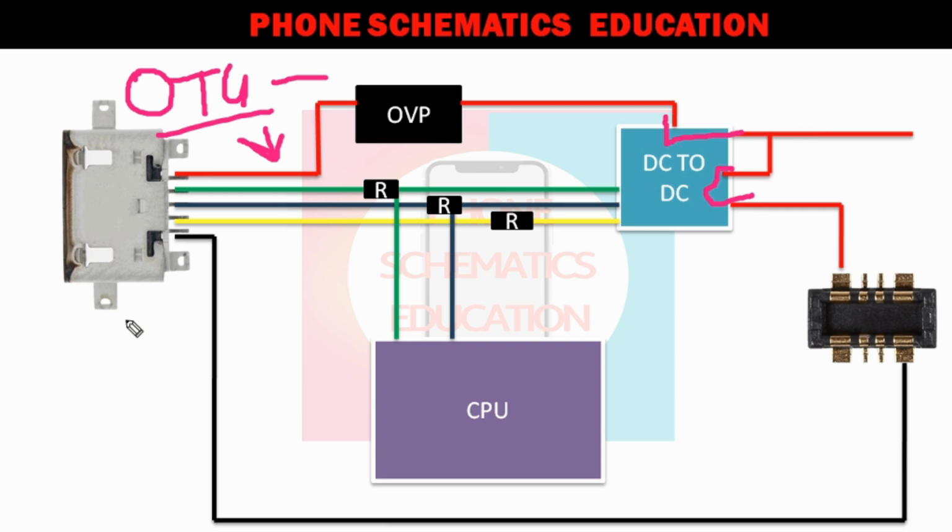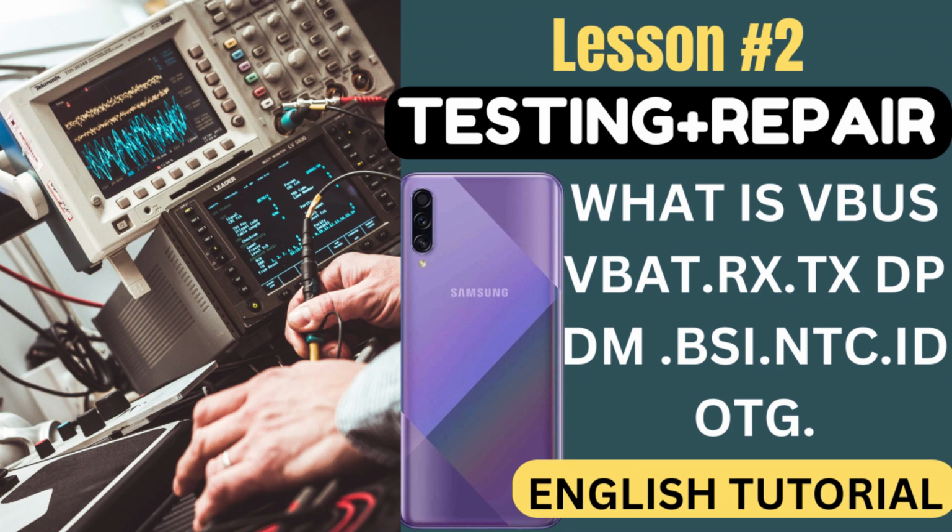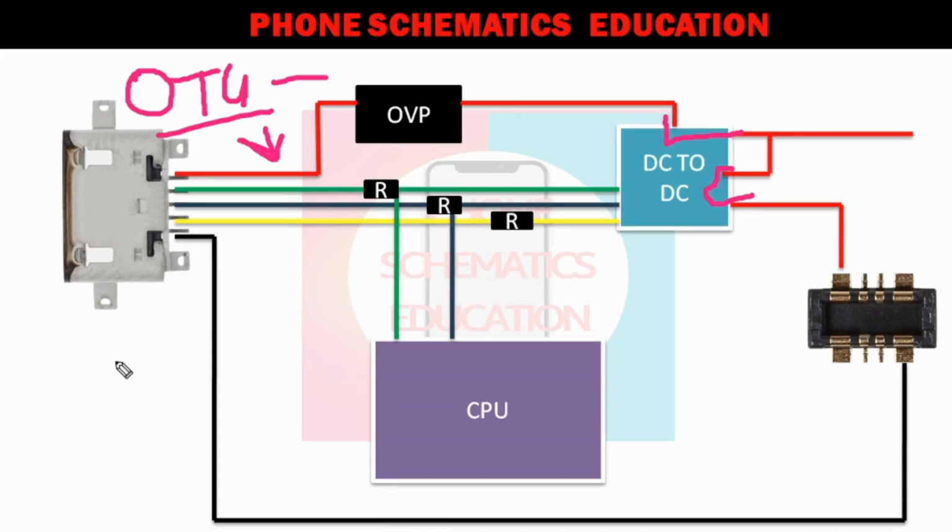So how do these pins work? If you want more information about this charging check, you can watch a previous video and you will get more information about the charging section, about the micro USB port.